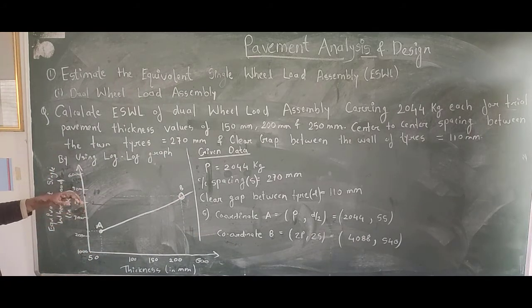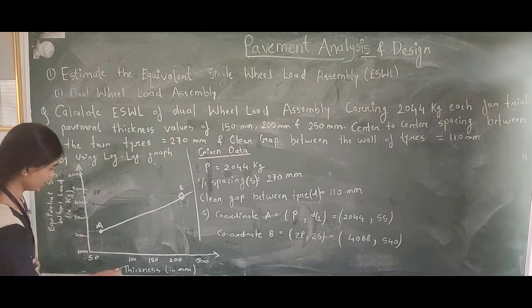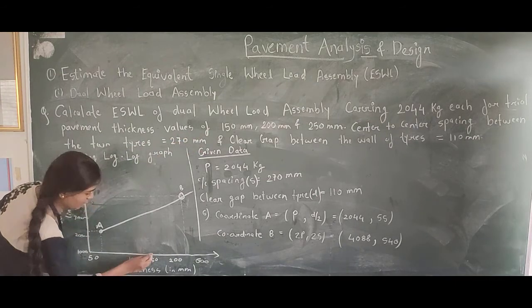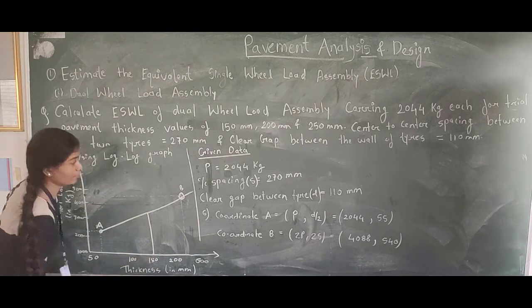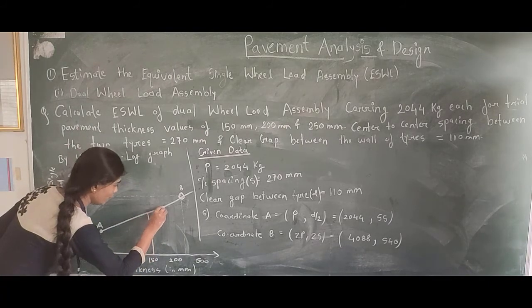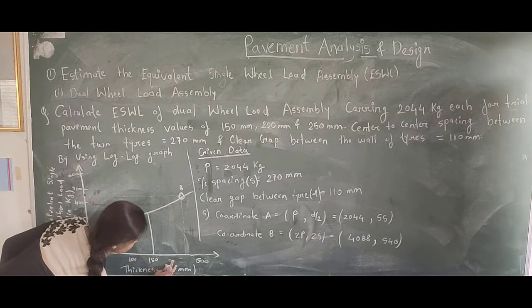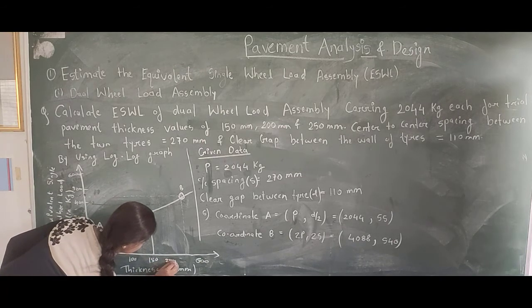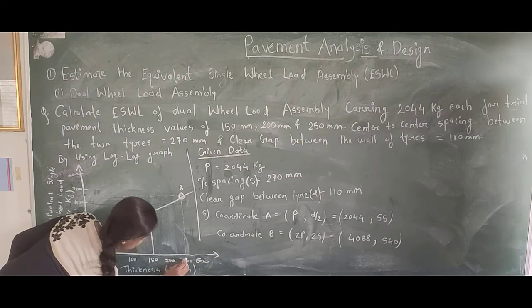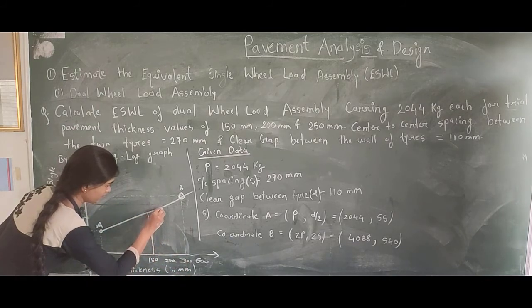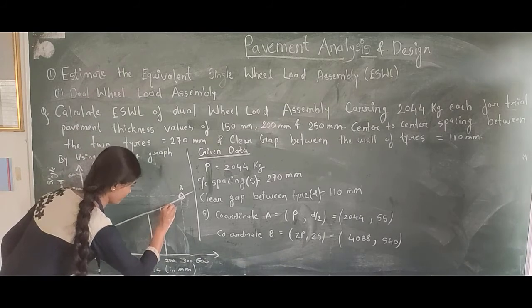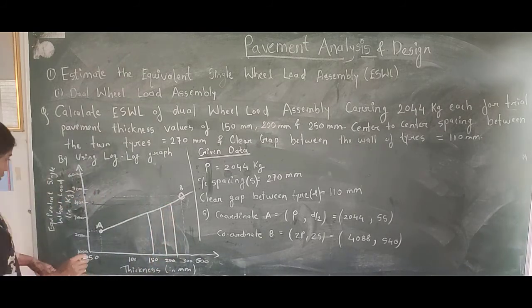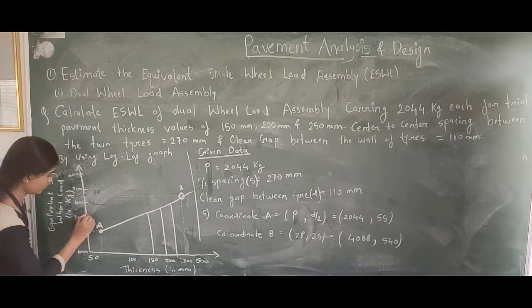Then we have to find the pavement thickness for 150 mm. That means at 150 mm we simply draw a straight line, then for 200 mm, and 250 mm, and join.